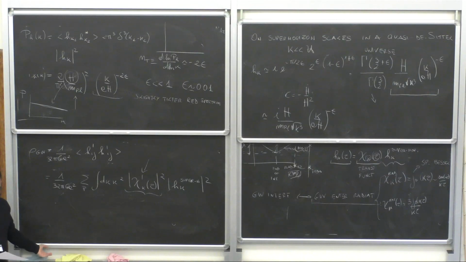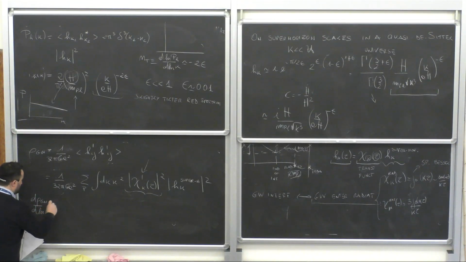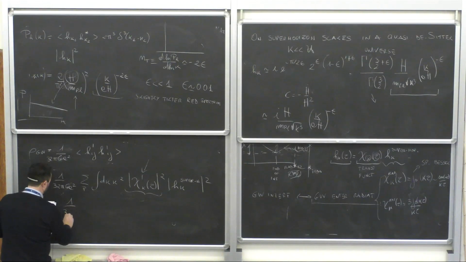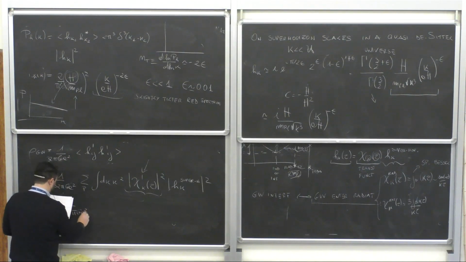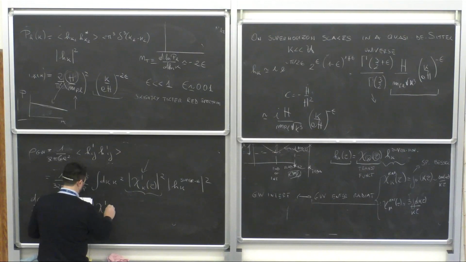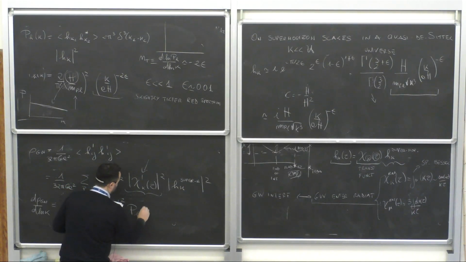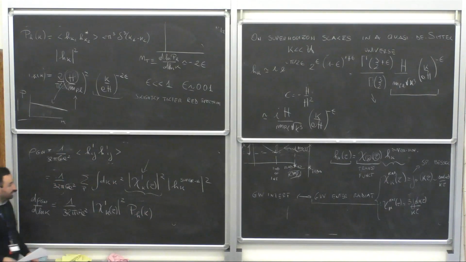That's the nice thing about the transfer function, that it keeps all the information on the time evolution. So you take your derivative, and this means that you have 1 over 32 pi G a squared.